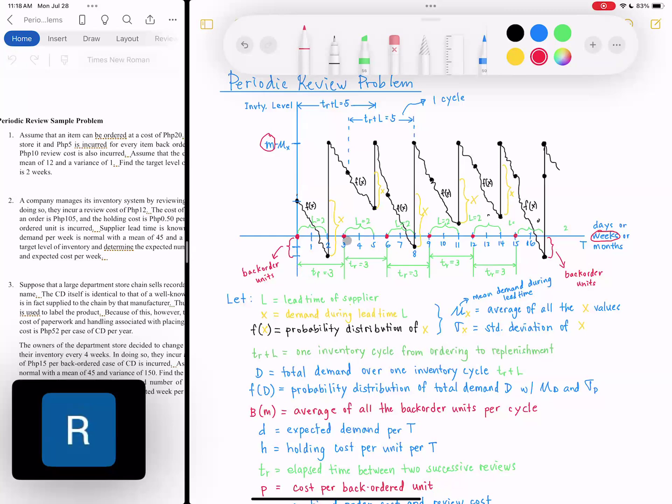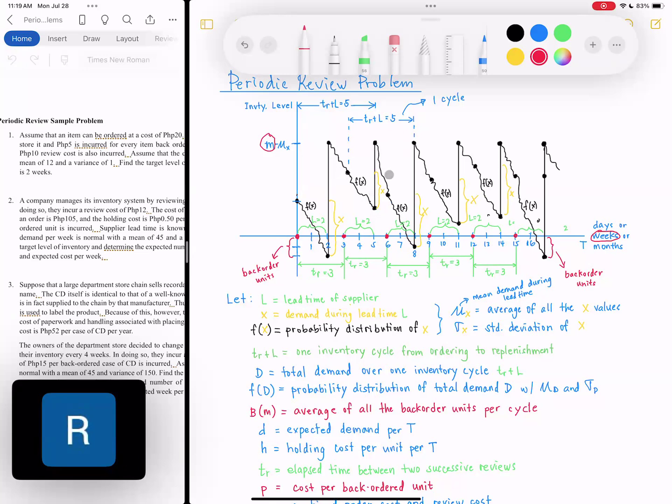Then there's demand during lead time. You will order again, but it will take 2 weeks before the order arrives and inventory is replenished. Once inventory arrives from the supplier, it will be replenished back to M minus mu, and then the cycle continues.